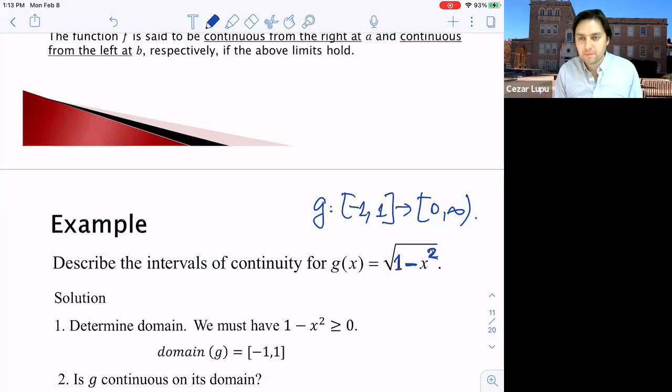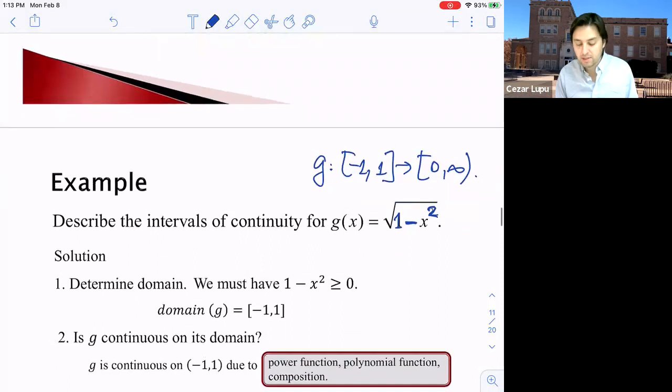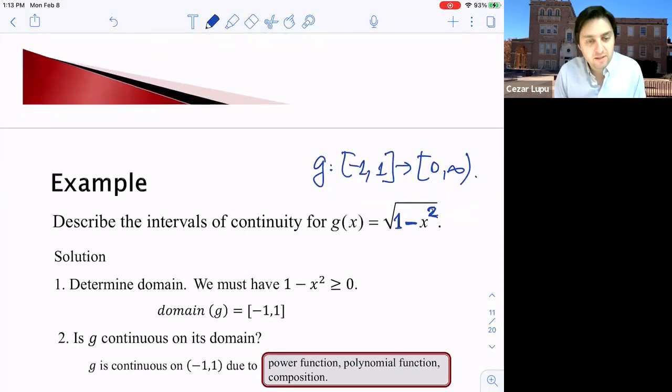You'll be tempted to say yes, right? I mean, why not? It's just a composition of the square root with a polynomial function. So it should be continuous on the domain. It's natural to say, just like we said, it is continuous on the open interval (-1, 1), due to power function, polynomial function, and composition. So that's what it is.